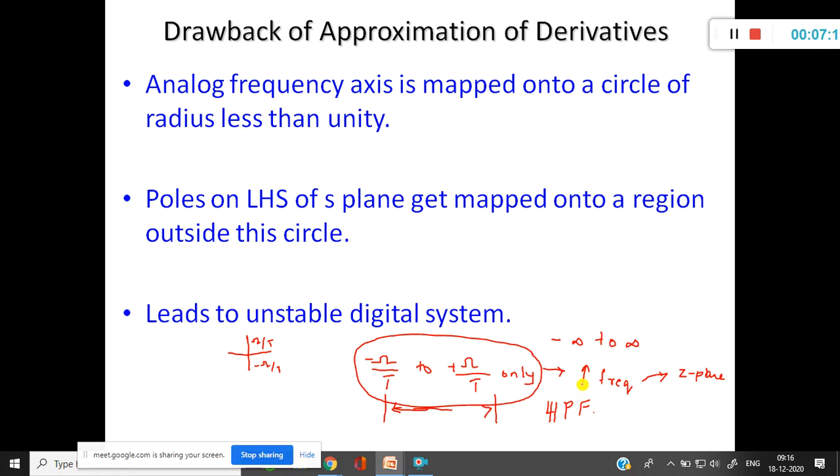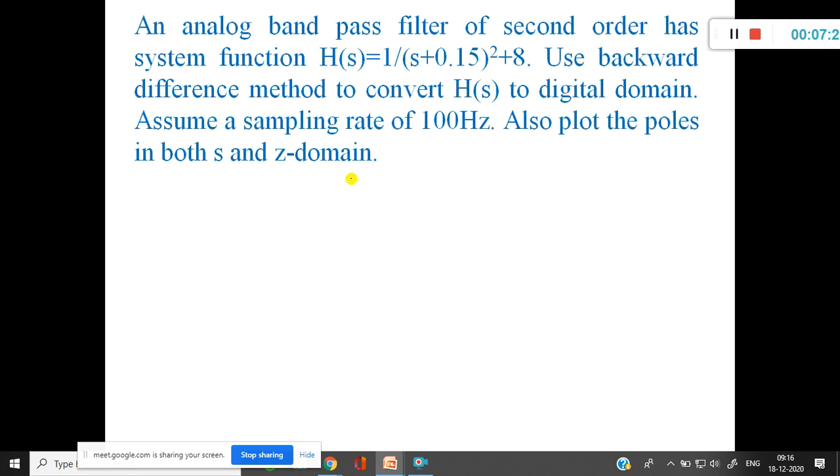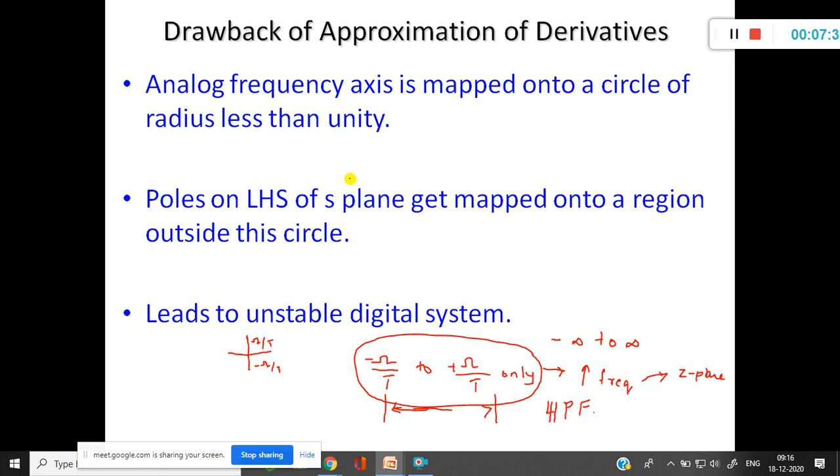Now, that particular disadvantage can be overcome in the case of approximation of derivatives. But even this has some disadvantage. What is the disadvantage? The analog frequencies are mapped onto a circle of radius less than unity.